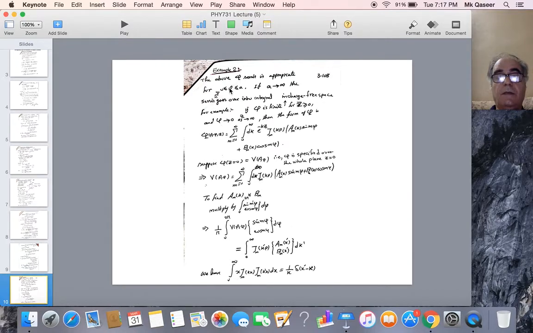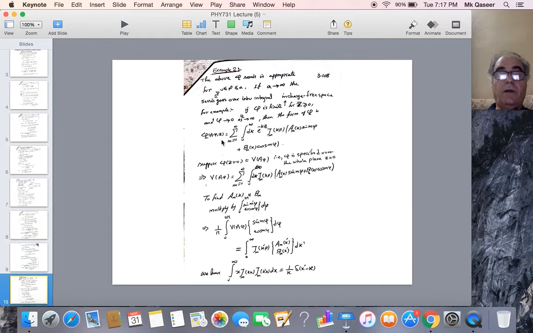Now the second example is to let a go to infinity. In this case the summation over n goes into an integral, and if phi is finite, then in charge free space, no charge, for z positive, phi as z goes to infinity is equal to 0. Phi goes to 0 as z equals infinity.